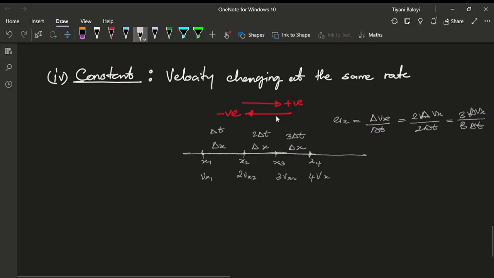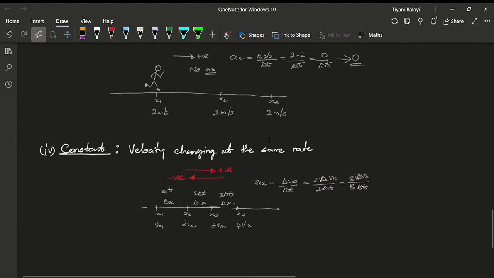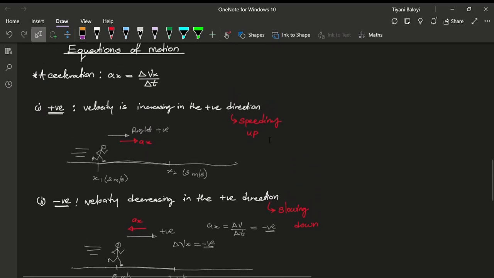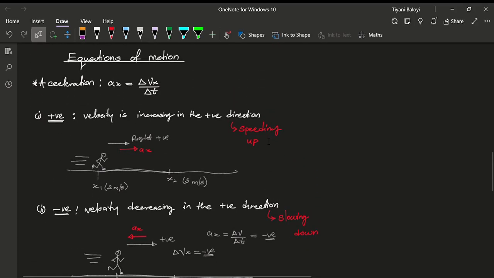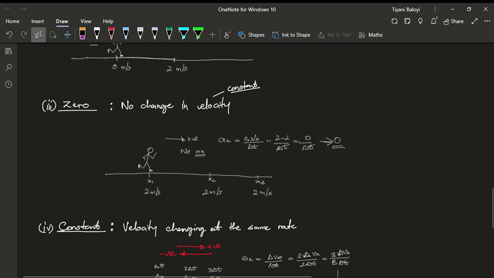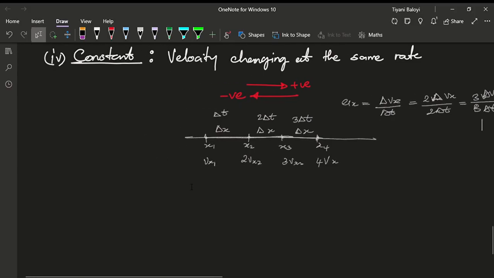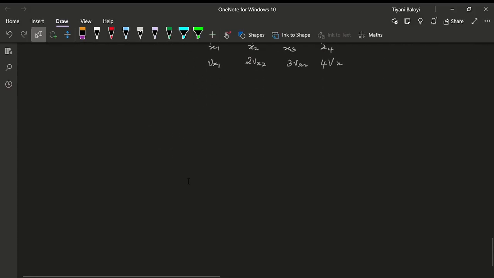So let me give you a summary of what we looked at. We looked at velocity and acceleration, and what it means when you have positive acceleration, negative acceleration, zero acceleration, constant acceleration, right? So when we look at equations of motion, they are also called constant acceleration equations.